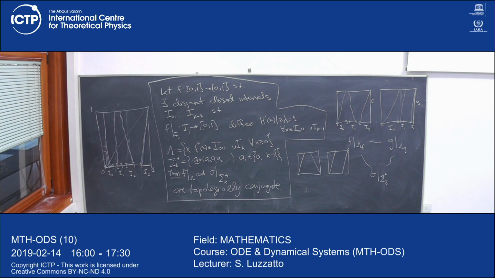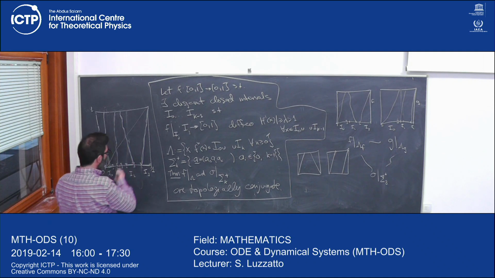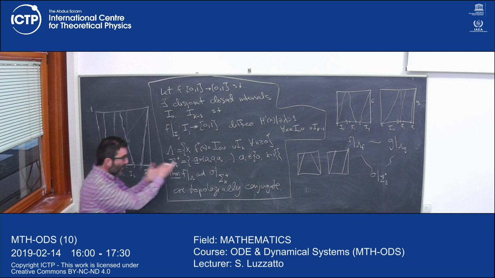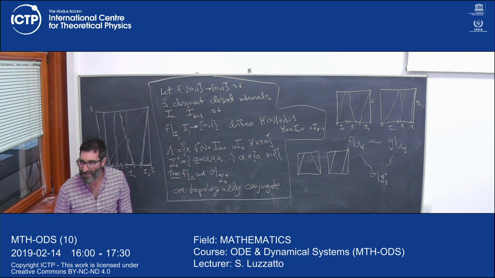It doesn't matter, for example, for sigma k. Exactly. Because we just did the whole construction and we realized that in both cases, the construction gives conjugacy with sigma k. So they have to be conjugate.